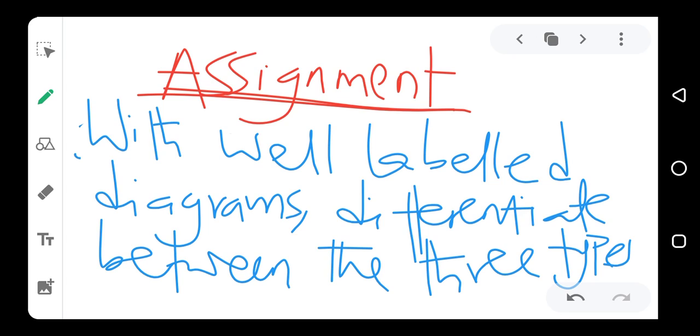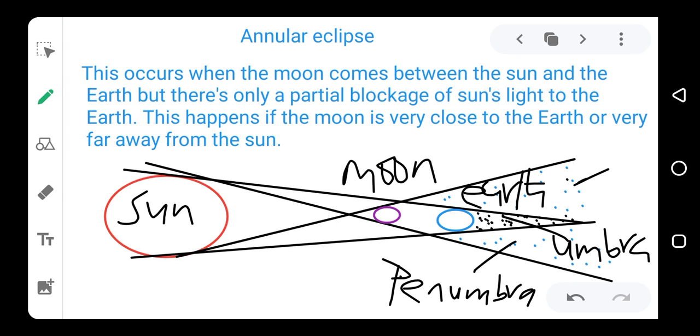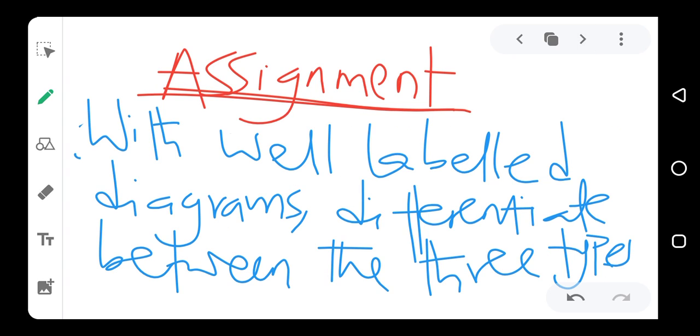We've discussed the three types of eclipse. The eclipse of the sun, that is the one we also call solar eclipse, eclipse of the moon, and annular eclipse. So you use a well-labeled diagram for each of them and differentiate between the three of them. What I mean by this is that you could draw a diagram for each of the eclipses and then describe what is between which and which in each of them. Thank you.